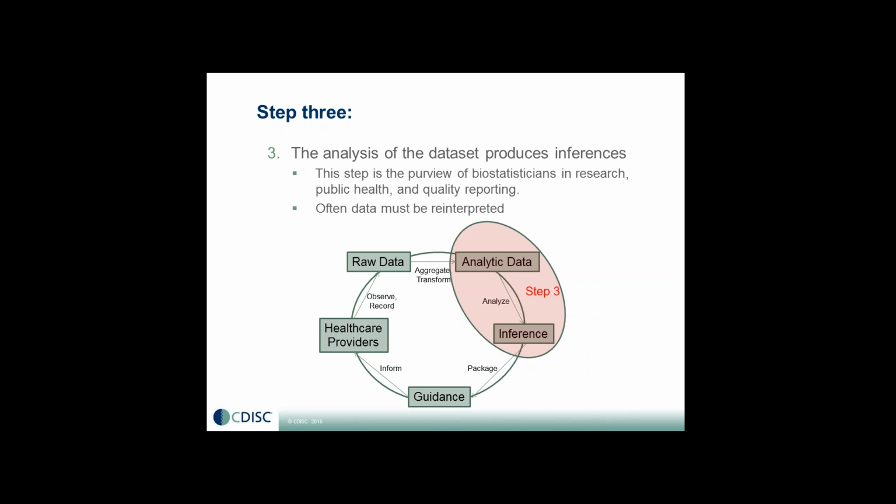And then we have quality reporting. There are some subtleties to this. The data that come out of the healthcare setting are not necessarily exactly what you would want for this analysis step, so there's often a reinterpretation step involved as well.